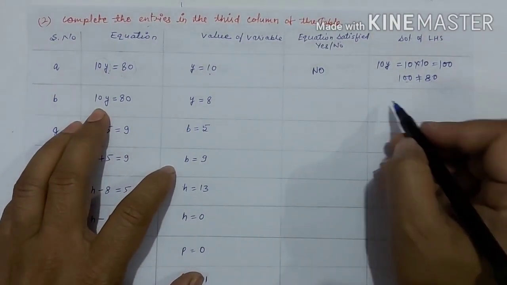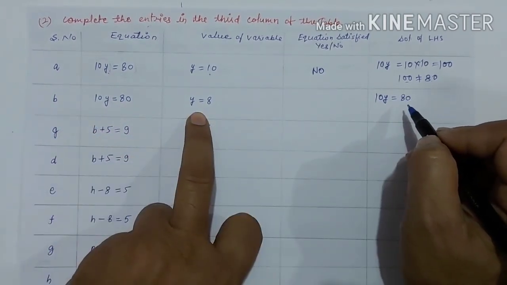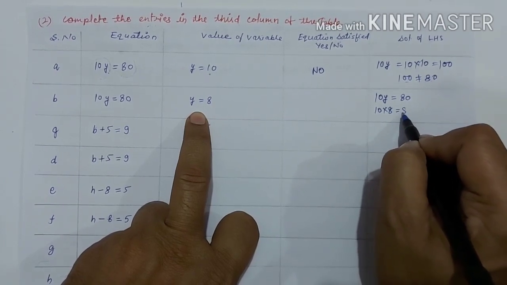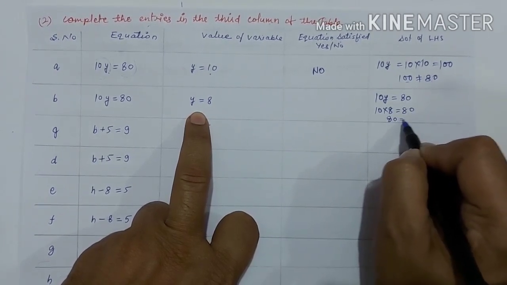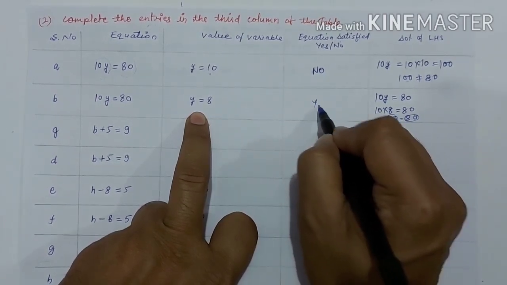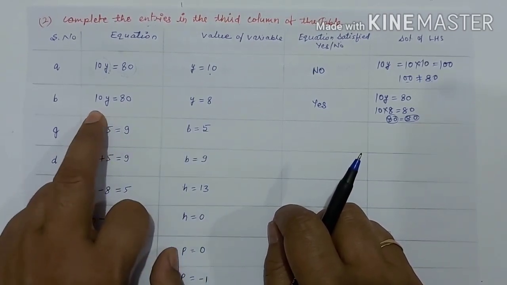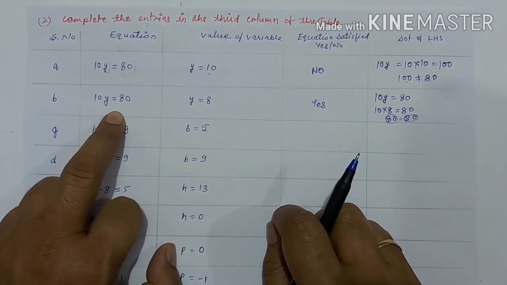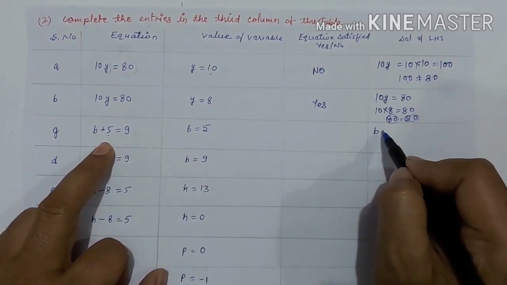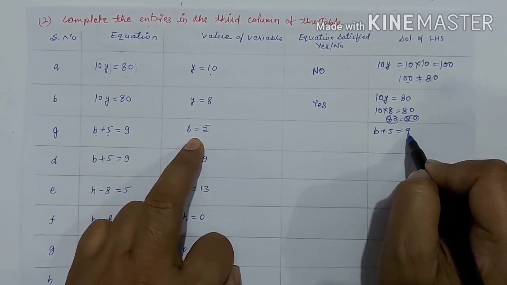Okay, next is 10y = 80 and the y value is 8. Putting in the value, 10 × 8 = 80, and 80 is equal to 80. It means your answer is yes, the y value 8 satisfies the equation 10y = 80. Now b + 5 = 9 and the b value is 5.